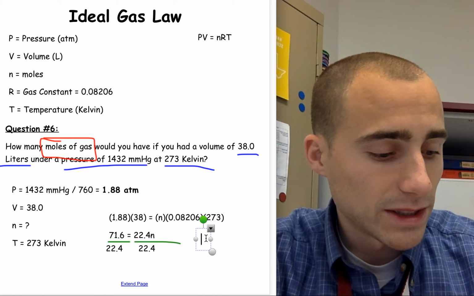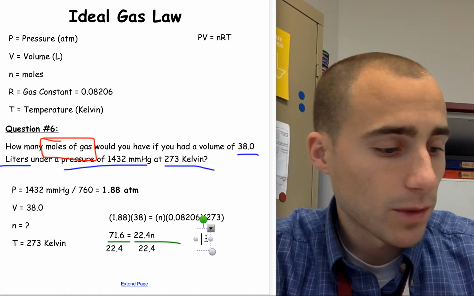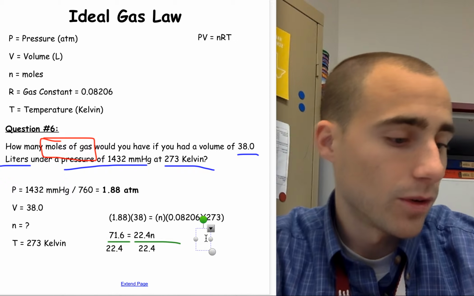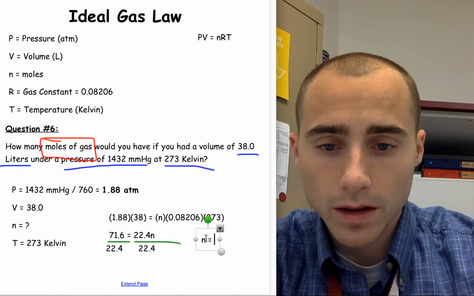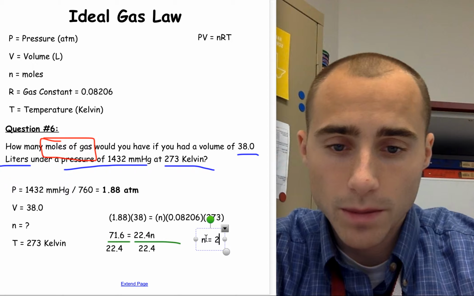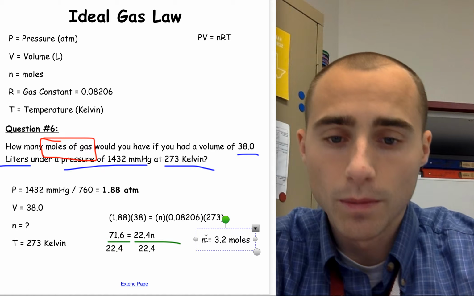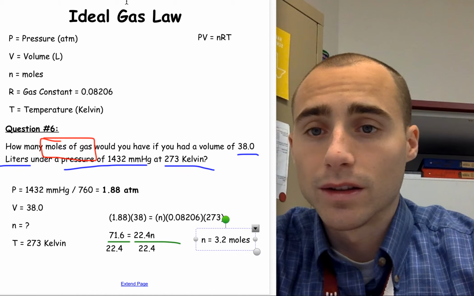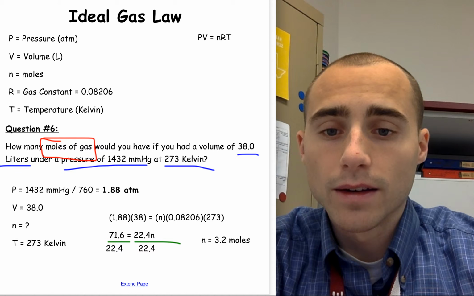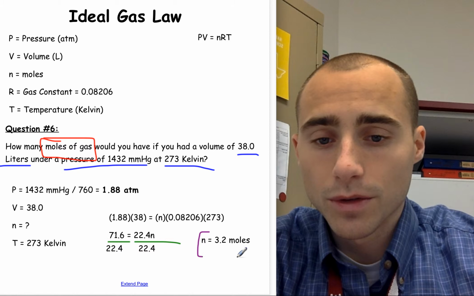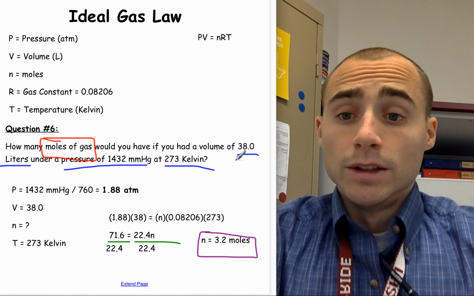So 71.6 divided by 22.4 is going to equal 3.2. So n equals 3.2 moles of gas in this situation. So that is going to be the answer that you should have gotten for this question. n equals 3.2 moles. So go ahead and check that.